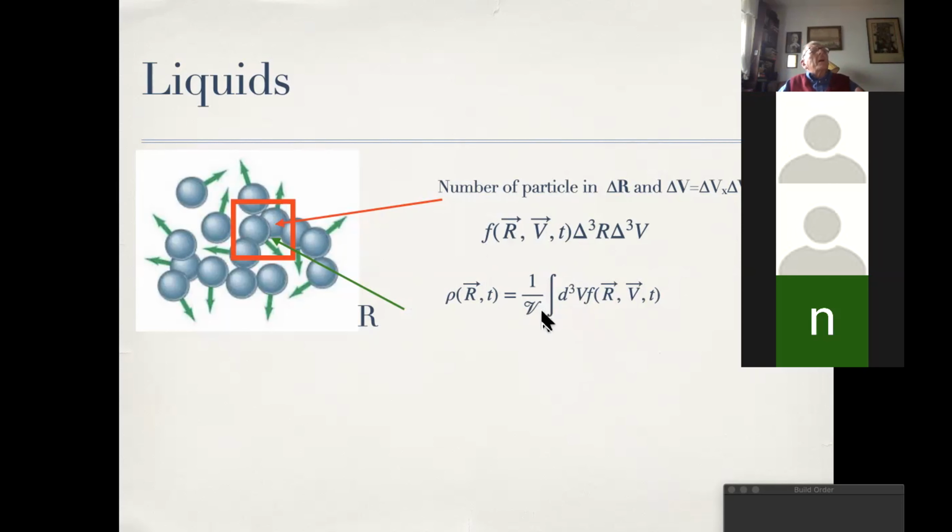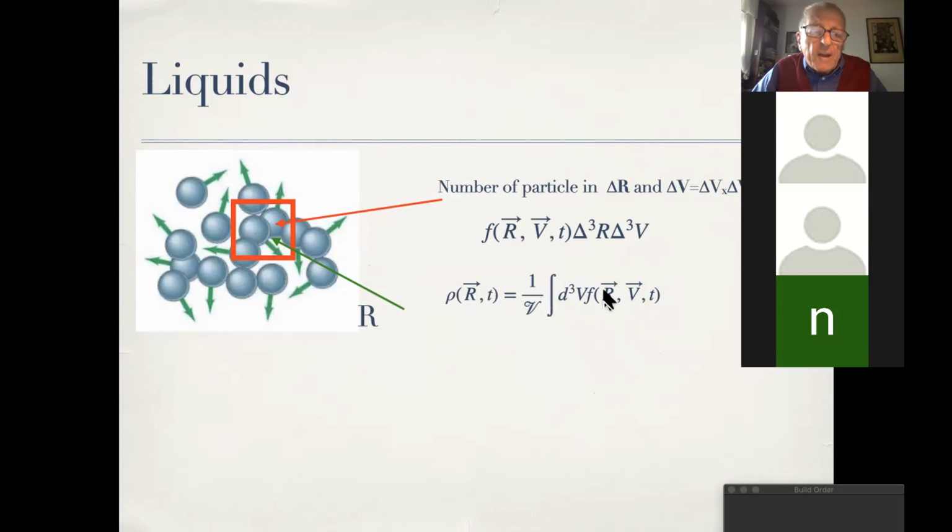You have all the particles in a given volume and velocity volume, and then in order to have the density, we divide this by the script volume V, which is the volume of the red box times the number of red boxes, that is, the volume of the container. So this is a normalization factor, and it plays a technical role that is of no physical importance.